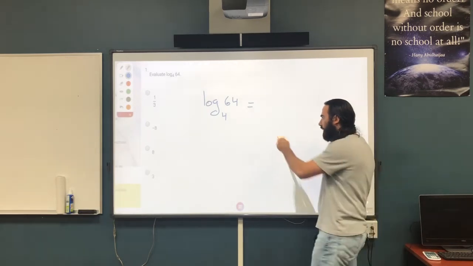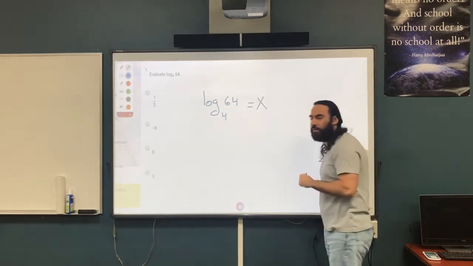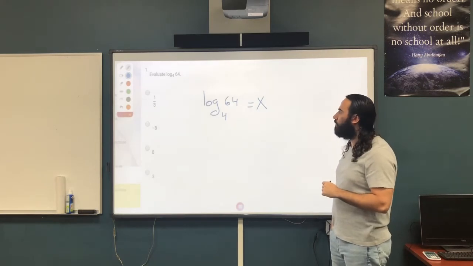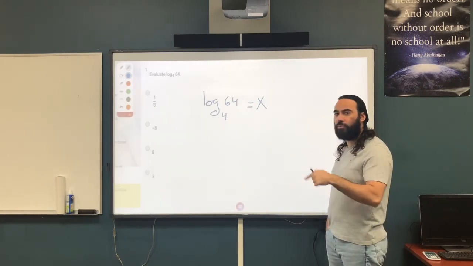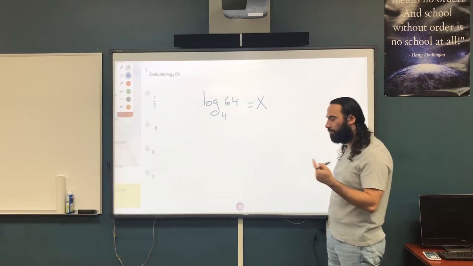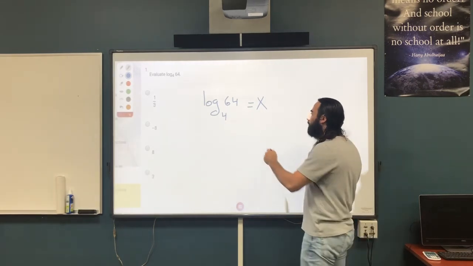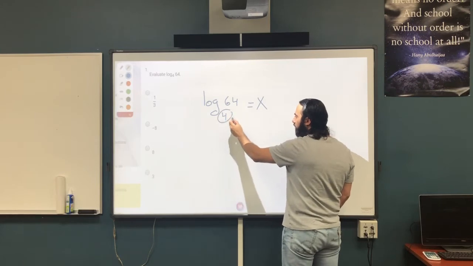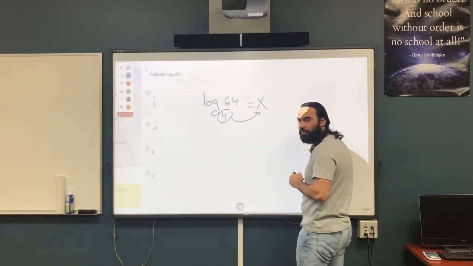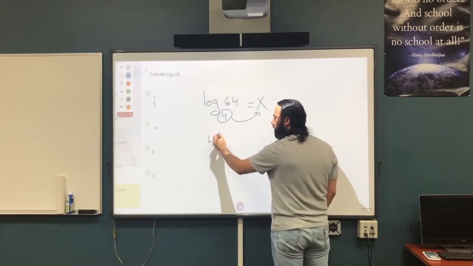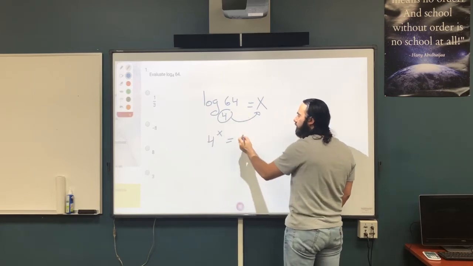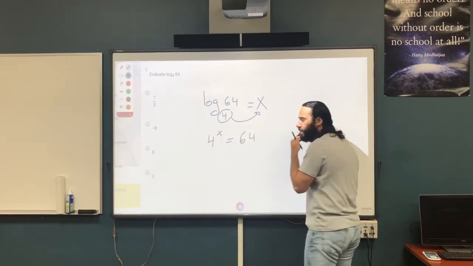So let's say that we don't know it, it's x. The easiest way is to change it to the exponential form. I'm going to go the fastest way because we already learned it. We just go 4 to the power of x equals how much? 64.